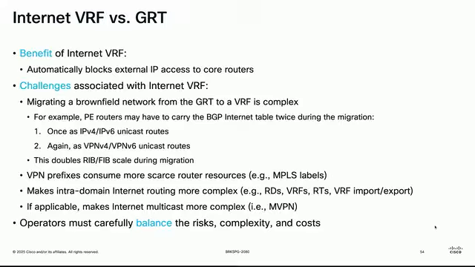And of course, if you're running any form of internet multicast, that would have to be migrated to multicast VPN, which is obviously much more complex than global IP multicast routing, okay? So there are pros and cons on each side of the debate, and ultimately, it's whatever's optimal for your networks.